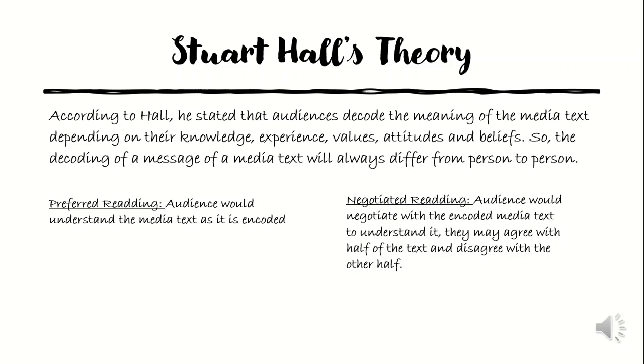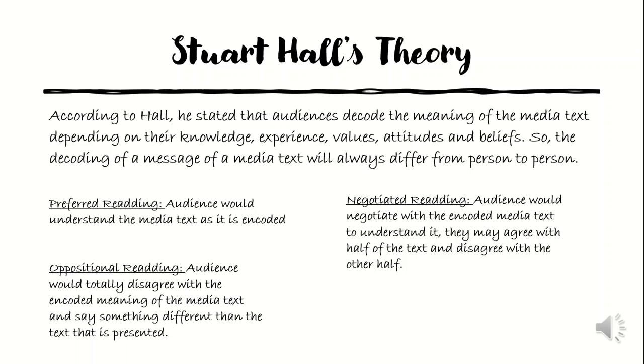Then the last one is oppositional reading. Here the audience totally opposes the meaning of the encoding. Whatever the director is trying to show, the audience understands exactly the opposite. This is how the three reading criteria explain how audiences get meaning from the media.